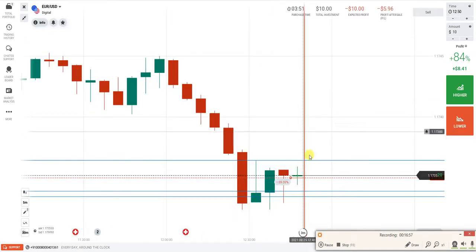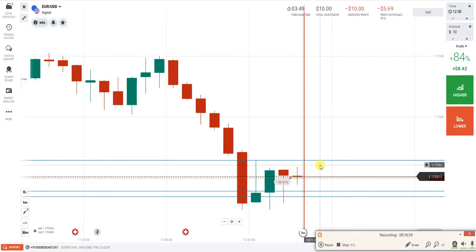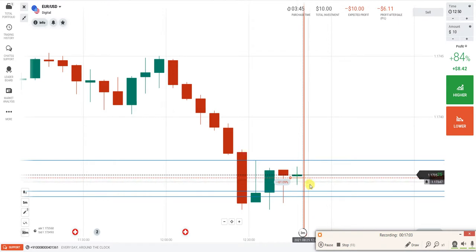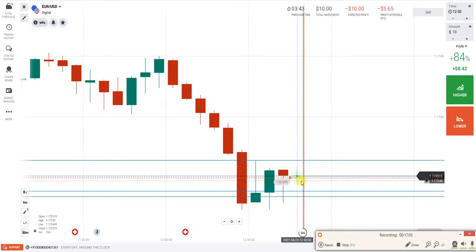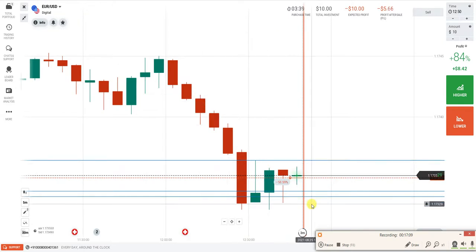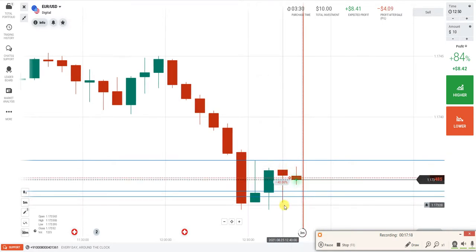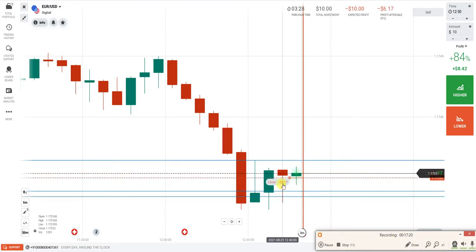Okay, so this is my next predicted candle, because the market is in the downtrend and there is huge selling pressure, buying pressure from this area, but the market is in a downtrend, the huge sellers.